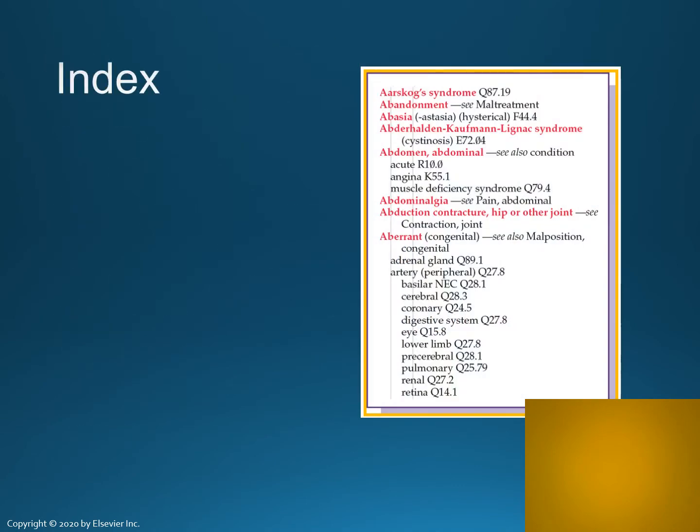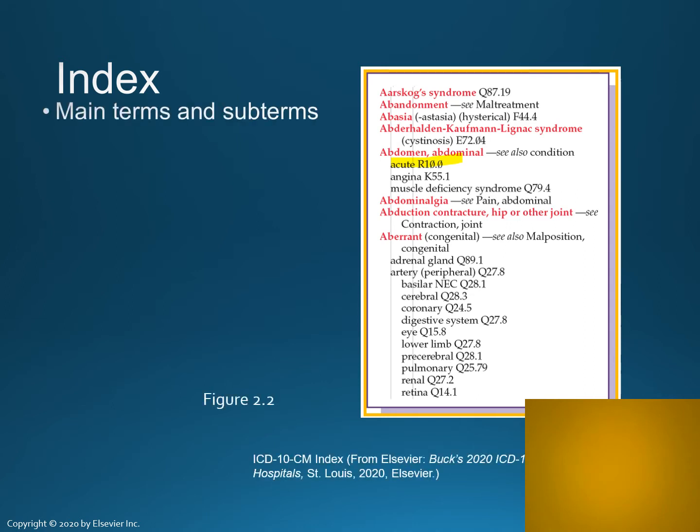As you can see, the index is in alphabetical order. You can see right over here, abdomen, and see here, acute abdomen, we'd look for R10.0 in the tabular. And the index has the main terms and subterms. As you can see, aberrant right over here is the main term, and then all of these underneath are indented because those are subterms.